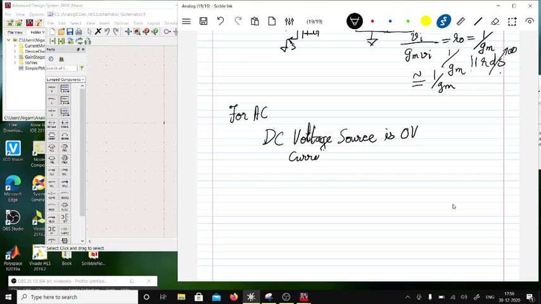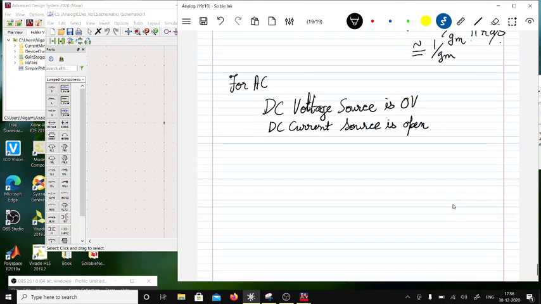Okay, so this is all you have to remember. A DC current source is going to be open, or infinity. And a DC voltage source will be shorted.